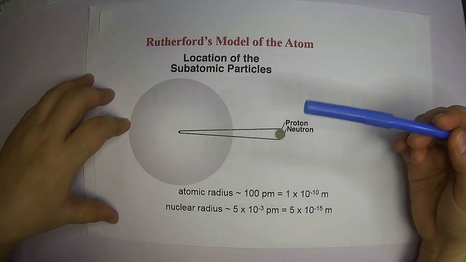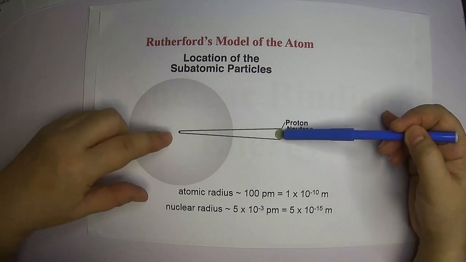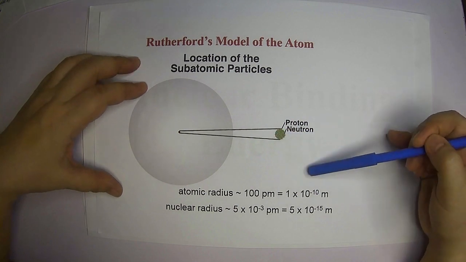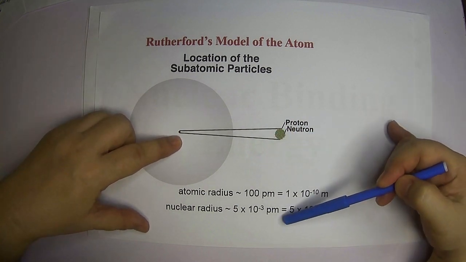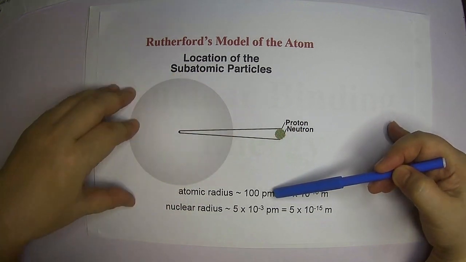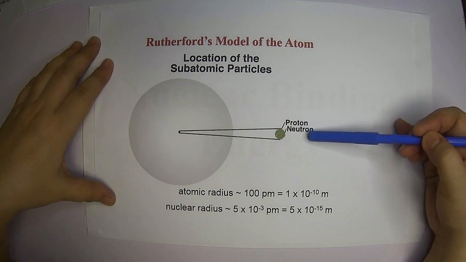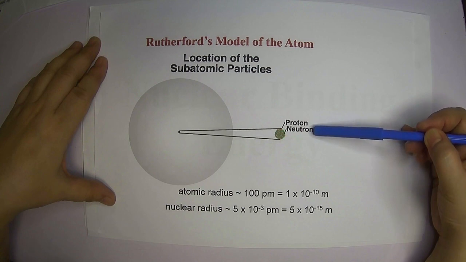In our previous discussion, we discussed how small the nucleus is compared with the entire volume of an atom. The nucleus is composed of protons and neutrons, the proton being positively charged and the neutron being neutral.